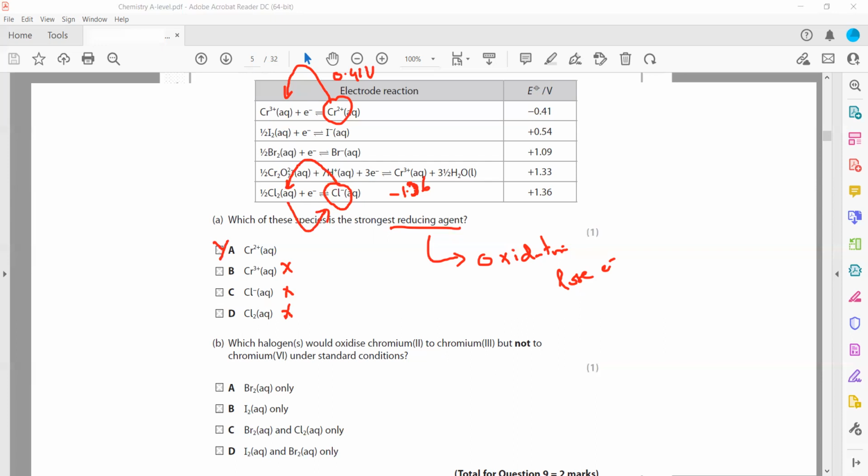Then the second one: which halogen or halogens will oxidize chromium 2 to chromium 3 but not chromium 6 under standard conditions. So we have to check the electrode potentials here.